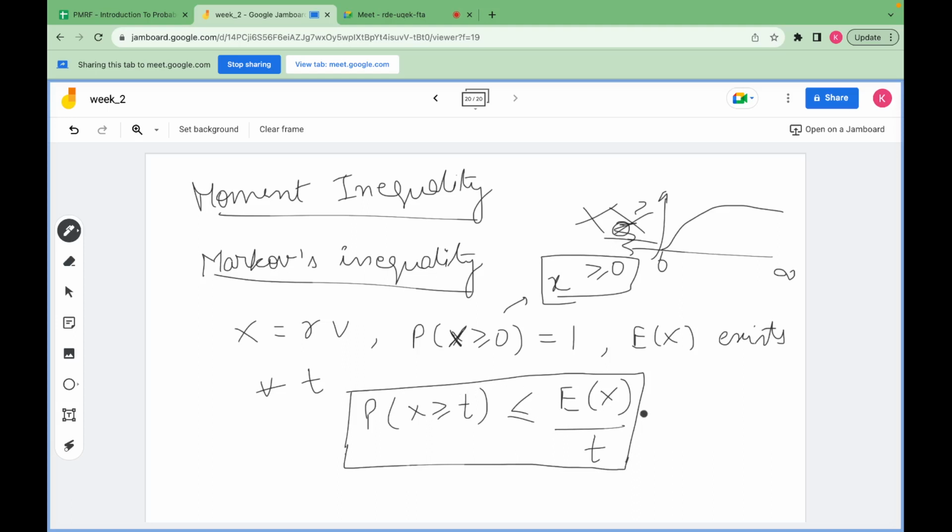Okay, so this is a very important inequality, very important. This helps us to find the lower bound.